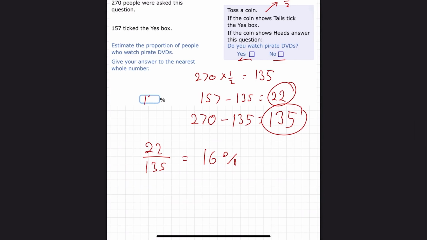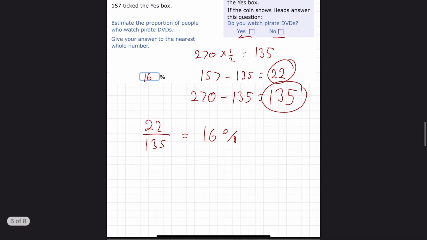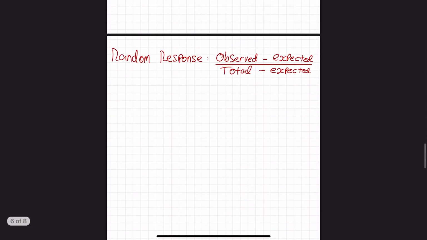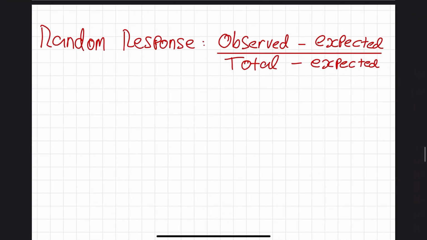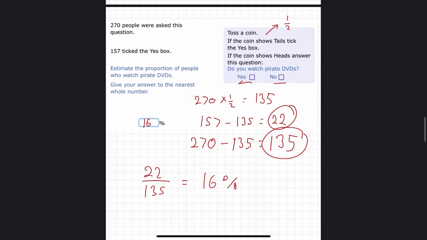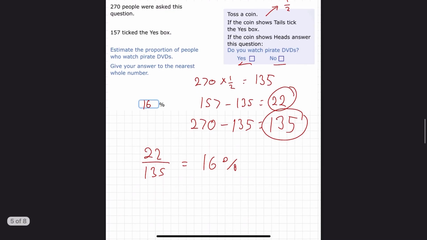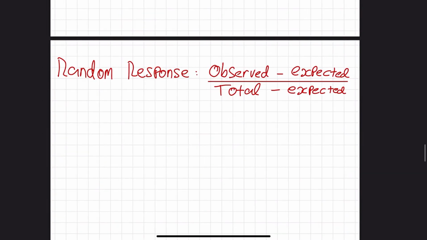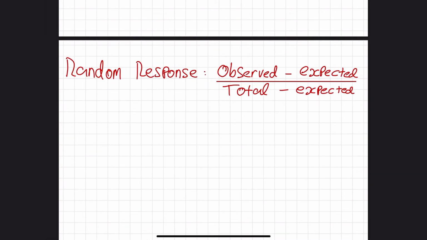So it's 16%. Okay. So I want to show you this formula that might be helpful to some people. What we did is we logically broke down how to estimate a random response. But when you get good at it, you can use this formula. And the random response formula is your observed minus your expected over your total minus expected.